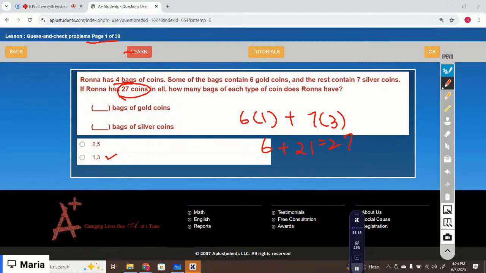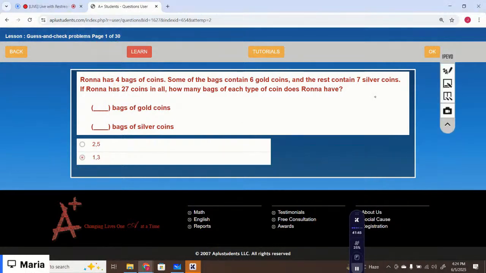So option number 2 is the correct option. That is 1 and 3.